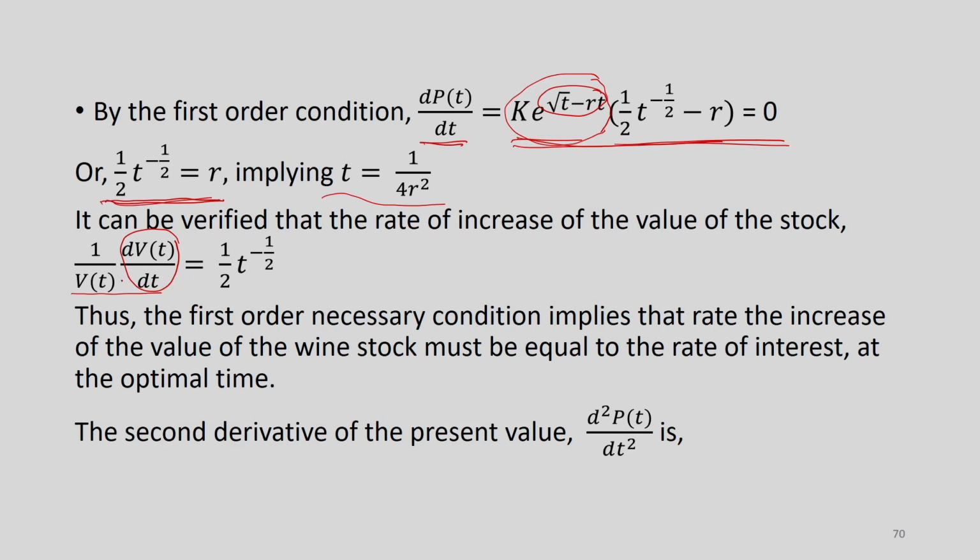So, the rate of increase is this divided by Vt, that is dVt/dt divided by Vt, is the rate at which it is rising. Now, this should be, it can be verified, equal to half of t to the power minus half. And this can be seen from the formula itself.